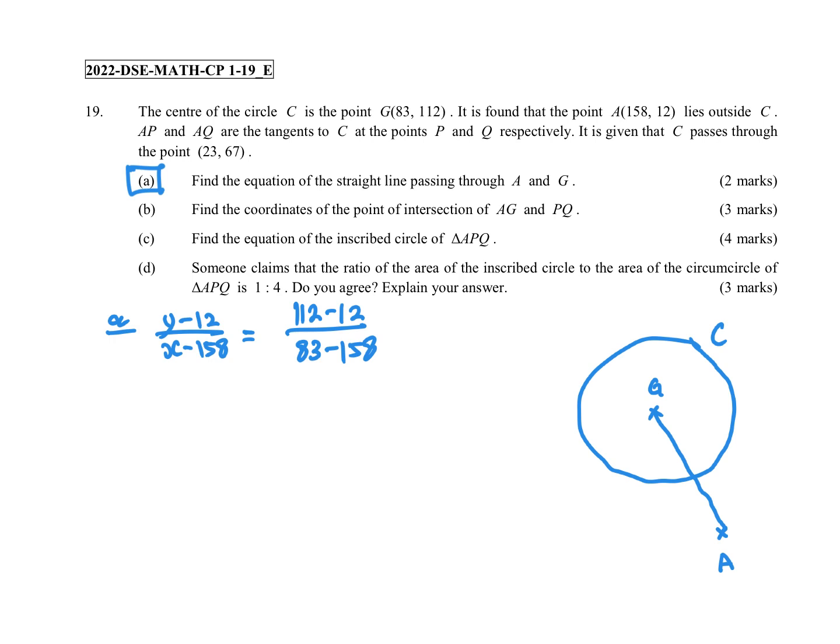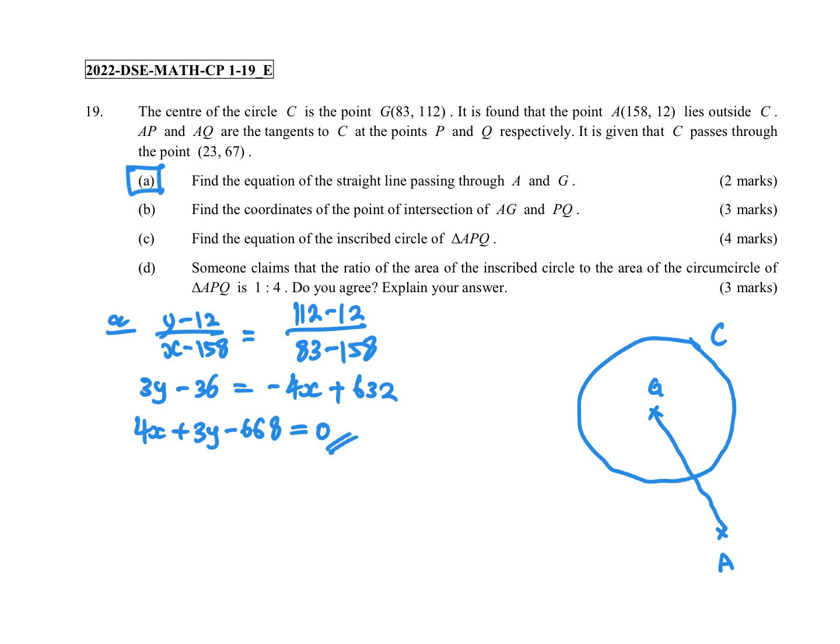If we do a cross multiplication, 3y minus 36 equals negative 4x plus 632. So in general form, 4x plus 3y minus 668 equals 0. Right, so that's part A.